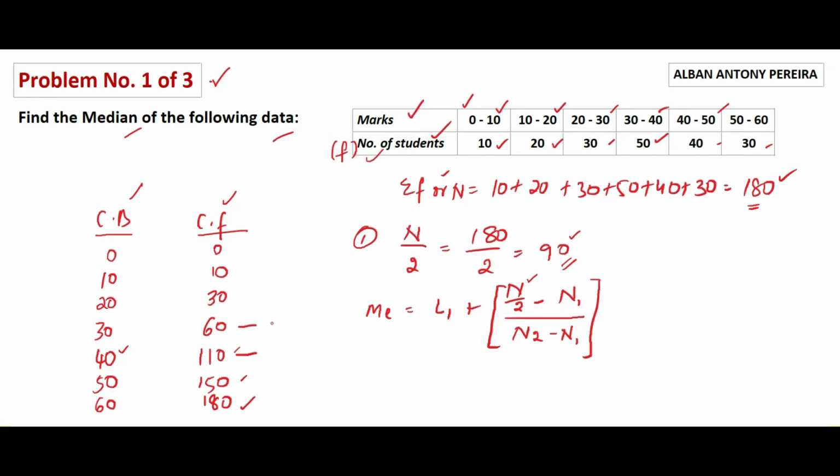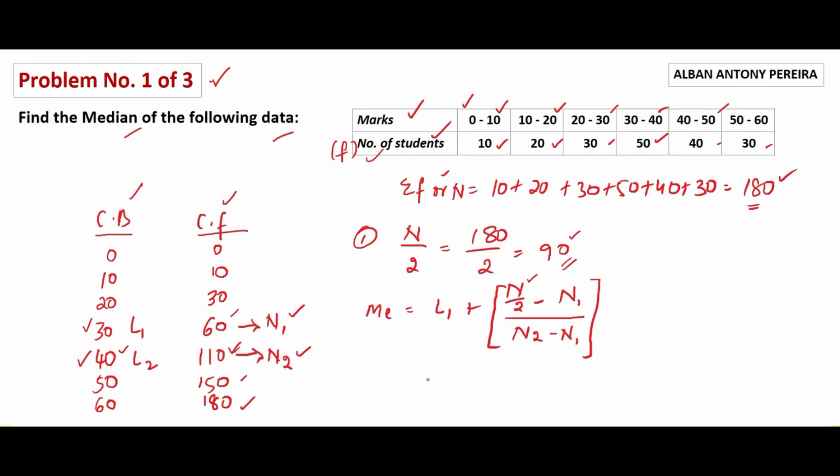So the smaller cumulative frequency, write it as n1, and the bigger cumulative frequency, write it as n2. So you have found out n1 and n2, that is 60 and 110. Right opposite to n1 is nothing but L1, and right opposite to n2 is L2. So L1 is 30 and L2 is 40.